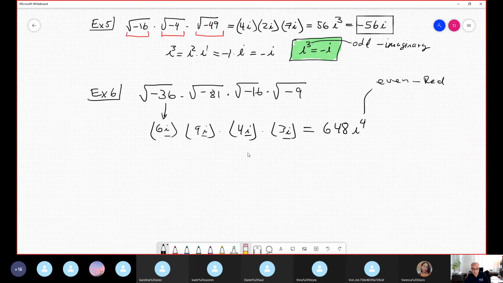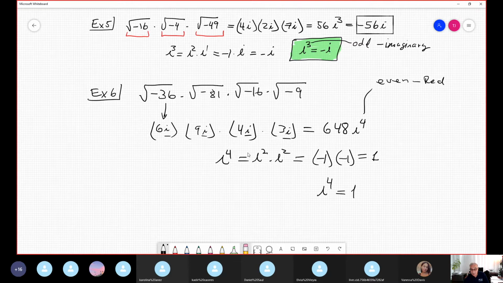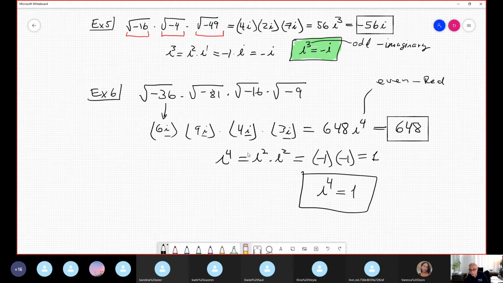I to the 4th power is equal to I to the 2nd times I to the 2nd, because 2 plus 2 is 4. And I to the 2nd is negative 1, again negative 1, and negative 1 times negative 1 is positive 1. Unbelievable. I to the 4th power is equal to 1. Therefore, my final answer is 648 alone, a real number. Clear or no?